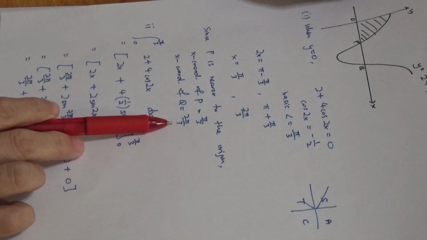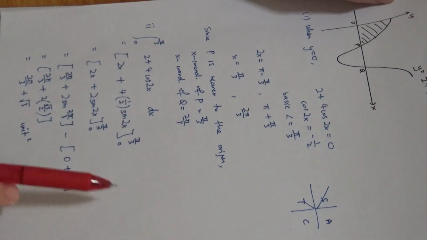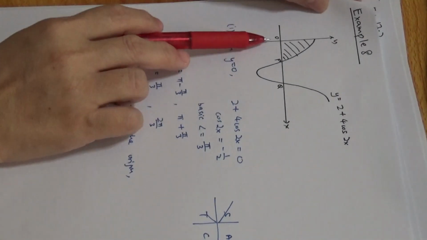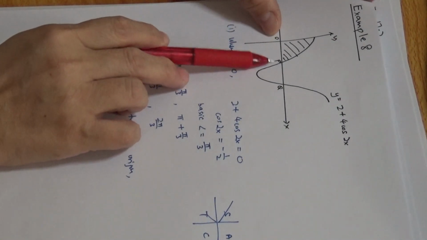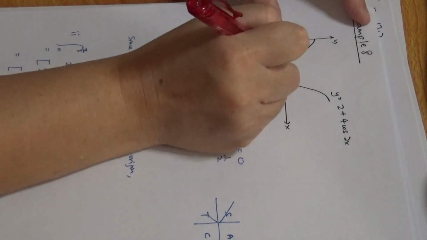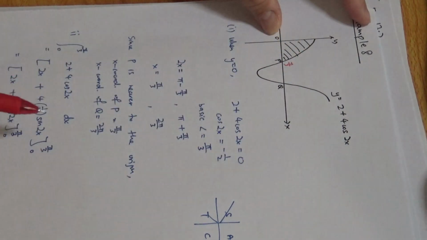Next, the question asks to find, in terms of pi, the area of the shaded region. The area of the shaded region is found by integrating from 0 to P, and P is pi over 3.